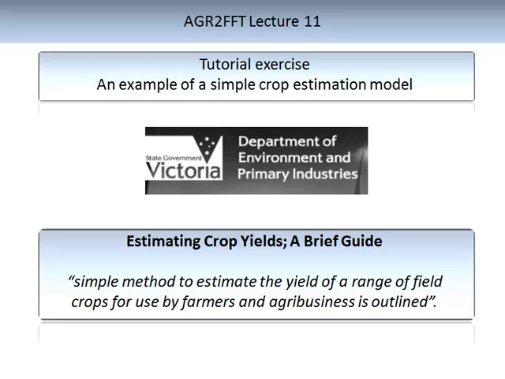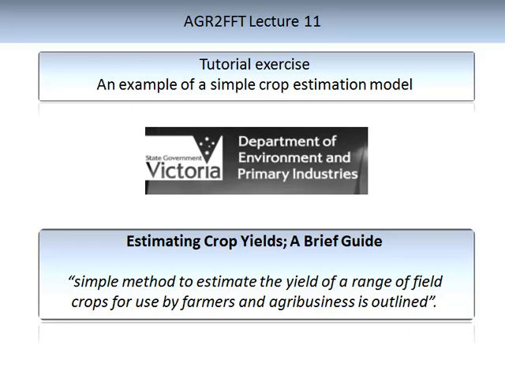It is an example of a simple crop estimation model which was developed by Department of Environmental and Primary Industries, which is now called DEPI. On the Moodle link, there will be a link to DEPI Estimation Crop Yields, a brief guide. You will need to read this guide and complete the tutorial exercise.